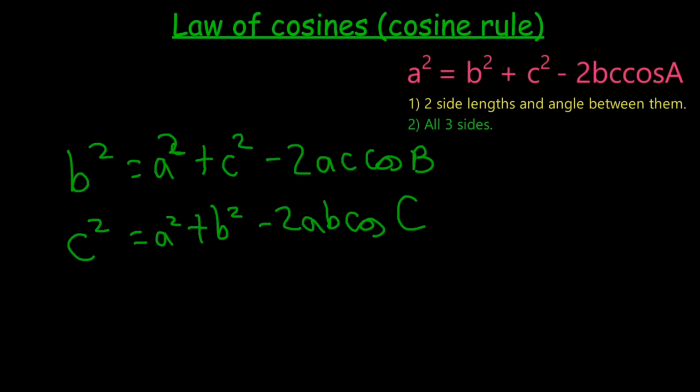All of these rules are the same, but when you come to an exam, you may find that your triangles are labelled in such a way that this doesn't make sense.